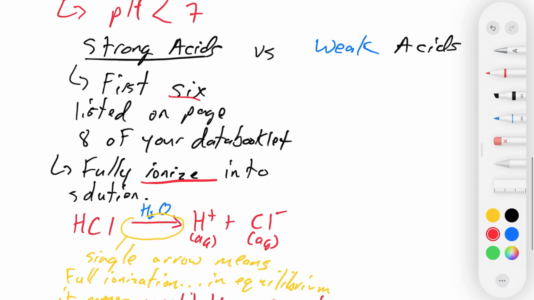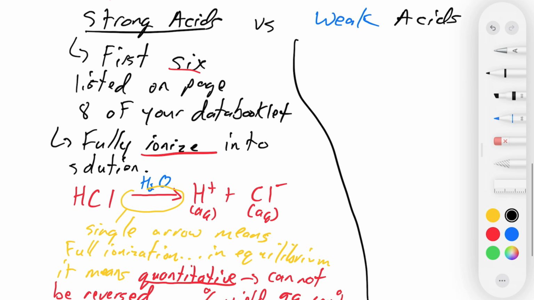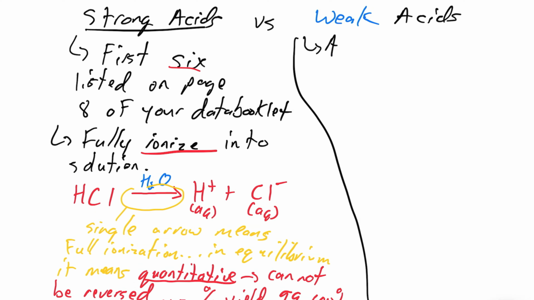Okay, now your weak acids, they're a little bit different. So the weak acids is any acid after the first 6. And that includes hydronium, which people think is kind of counterintuitive, and I agree, but remember that this is all based on what things actually do in solution, not what we think should always make sense, right?